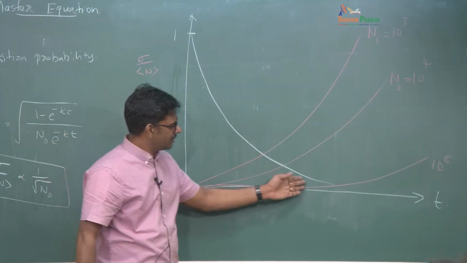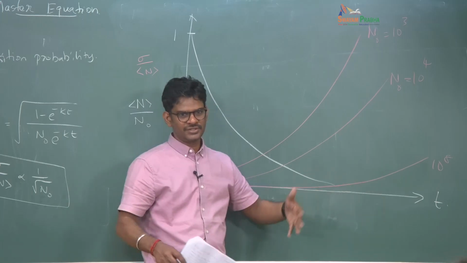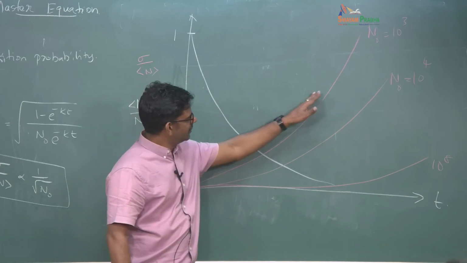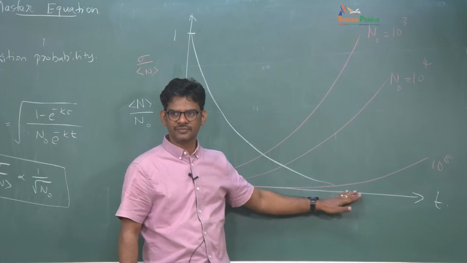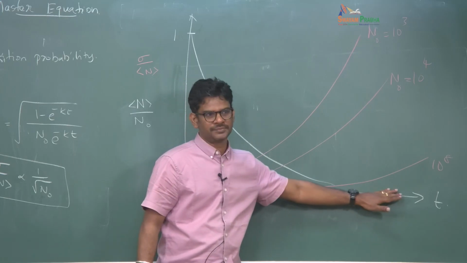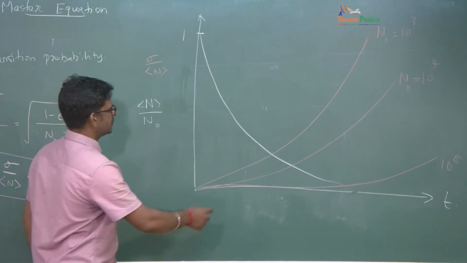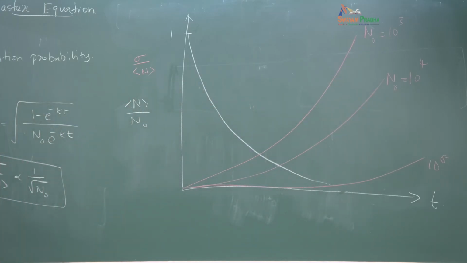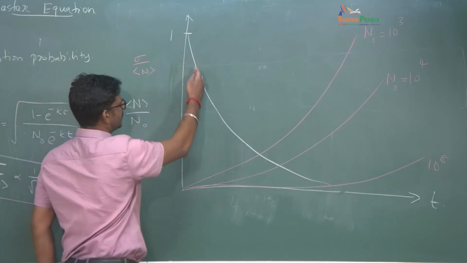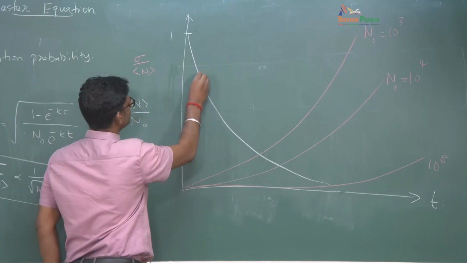But when you go to long times, the number of molecules itself comes down because things are reacting away, and regardless of this n, the standard deviation with respect to the mean will always grow. The way to look at this data is, suppose I start with n0 number of molecules, the mean is given by this curve, but at every point, at this point, the error bar is this.